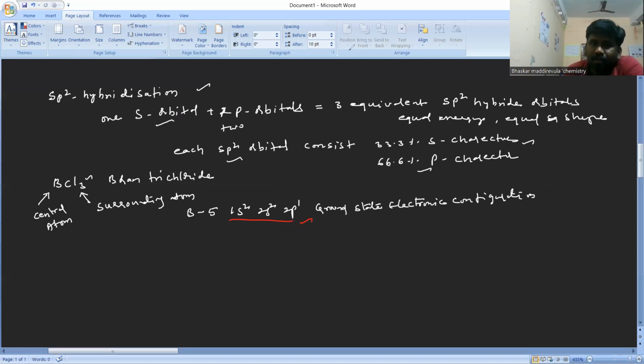Now, in the excited state electronic configuration, one electron from the 2s orbital will move to a 2p orbital. By that, you will get 1s2, 2s1, 2p2, the excited state electronic configuration.